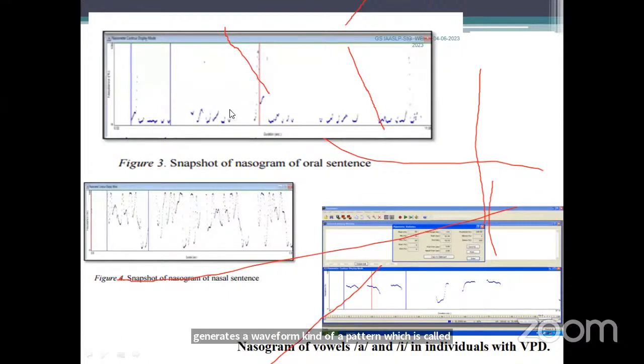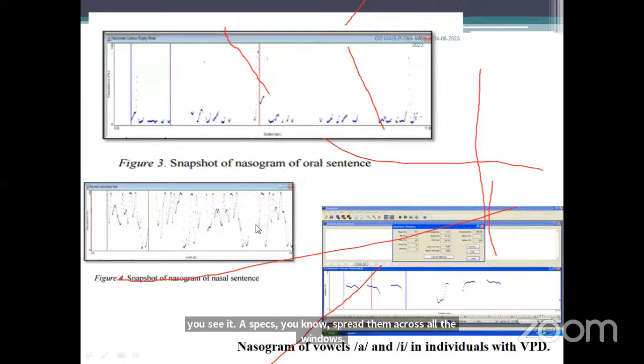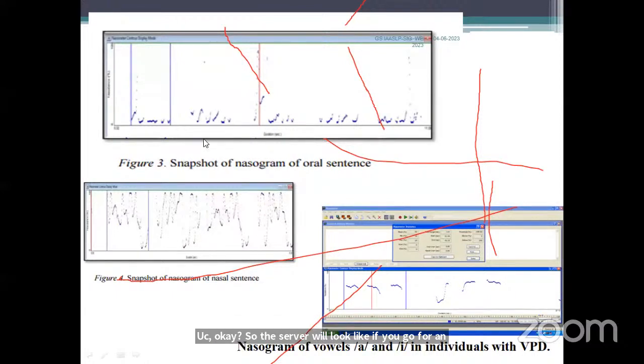The first one is a snapshot of oral sentences. The energies are almost at the flatter, lower spectrum here. In the case of oral sentences, it is spread across all the windows. So this is how it will look if you go for nasal sentences and oral sentences.